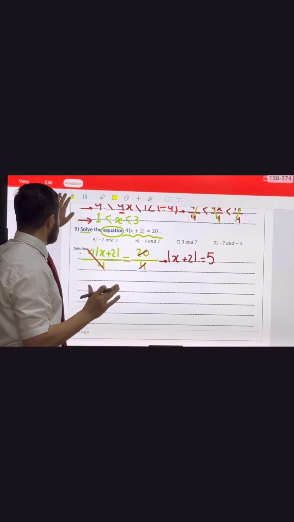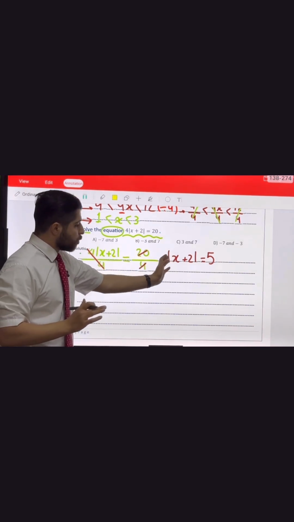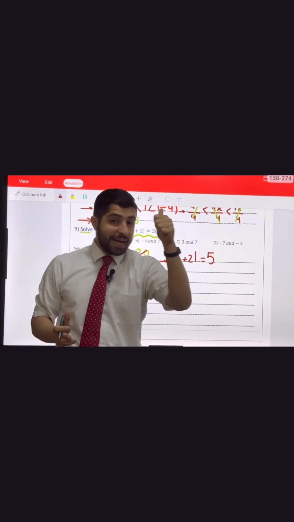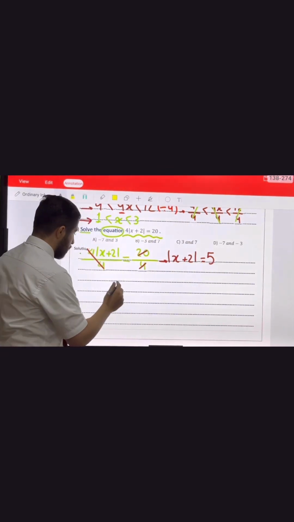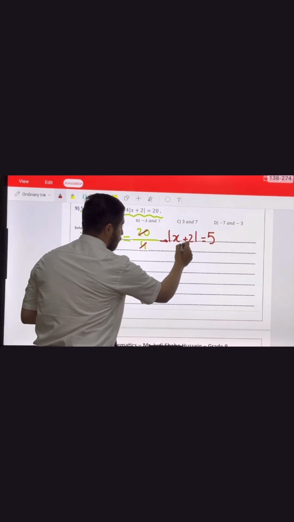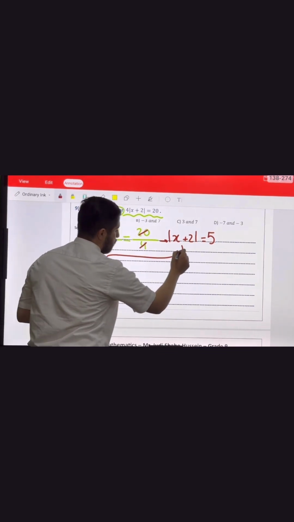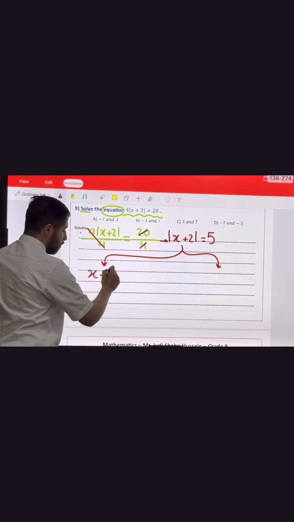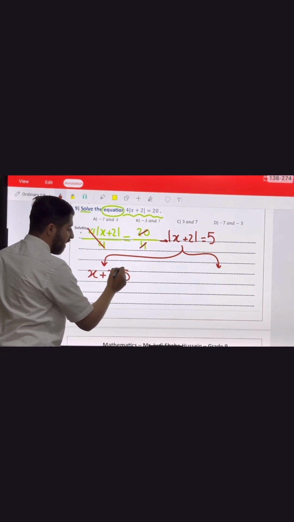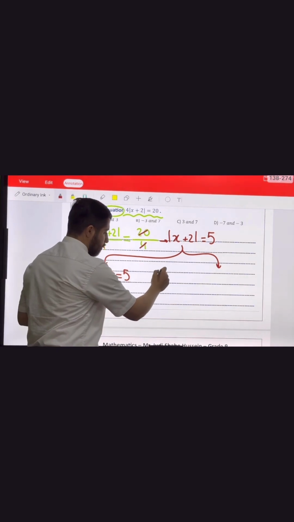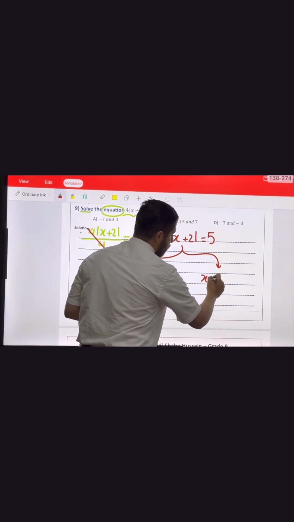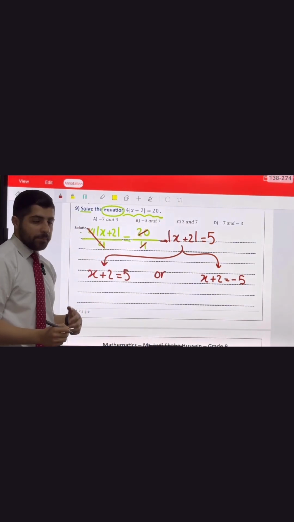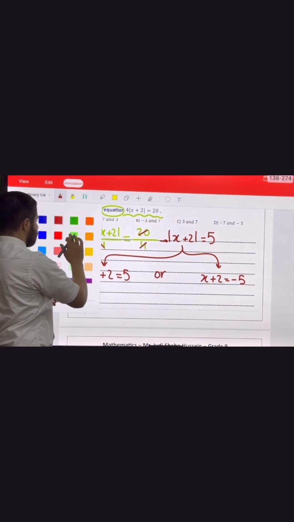Okay, what we have to do now, the absolute value will be removed and the 5 will take 2 signs, positive and negative. So what you got to do, you are going to make it like that. 2 sides. 1, x plus 2 equal the positive 5, or x plus 2 equal the negative side. Okay, so what you got to do here, simple.